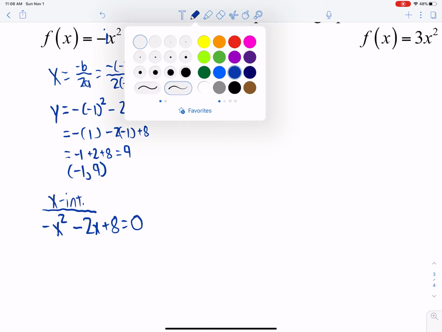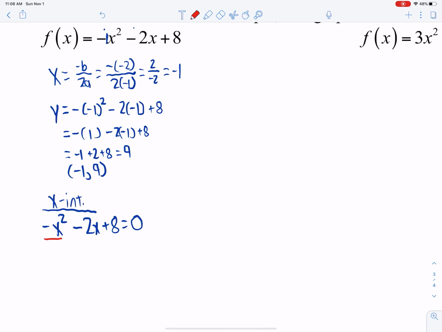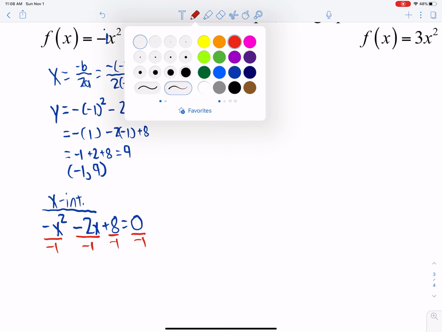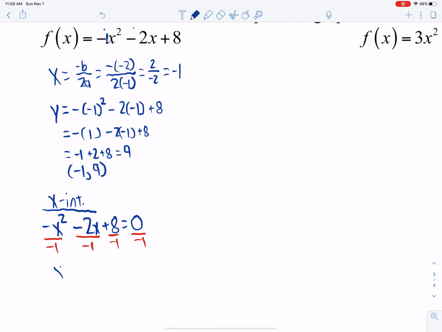So what I would do first with this, just to make the factoring easier, so I don't make mistakes with the negative signs, I would divide all the terms on both sides by negative 1. Factoring is going to be much easier when you have a positive x squared. So doing that, we end up with x squared plus 2x minus 8 equals 0.